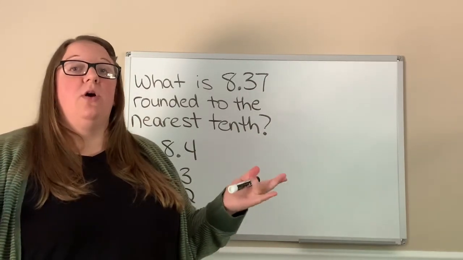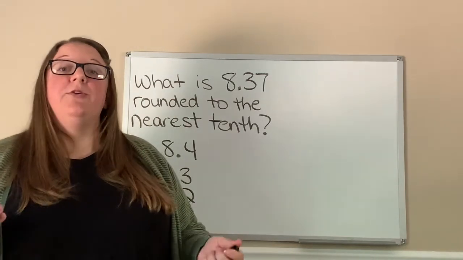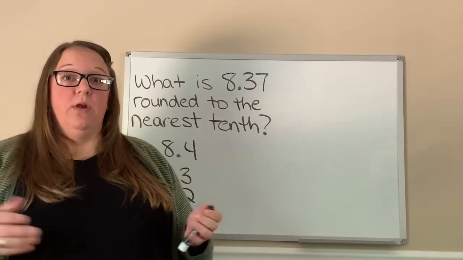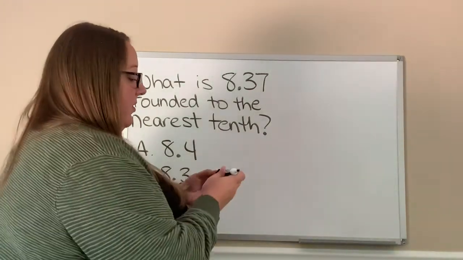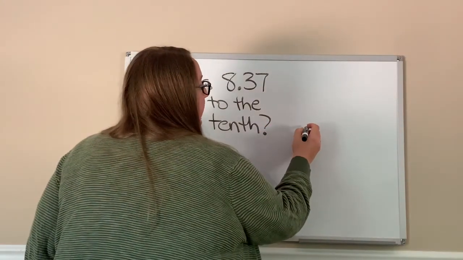But if you are next year in the 6th grade and you are taking a test on rounding, they're not going to give you a place value chart. So what you can do is make your own. You can come over on your scratch paper, which we all know you'll have, and just draw a quick place value chart.